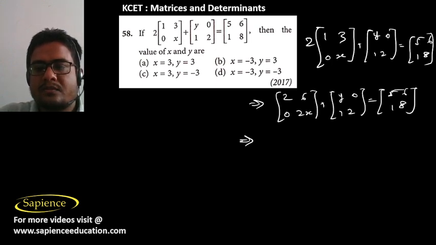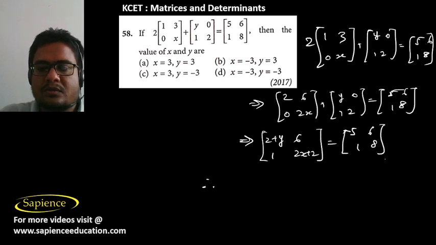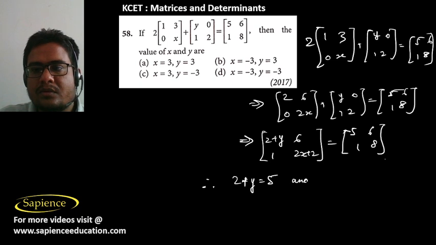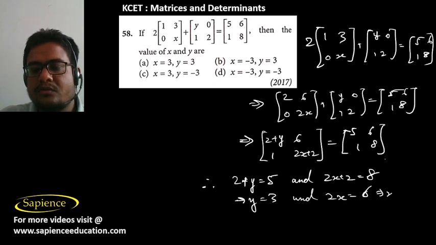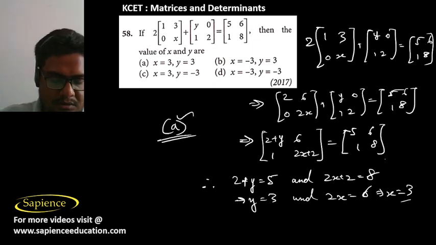Therefore 2 plus y should be equal to 5, and 2x plus 2 should be equal to 8. So y should be equal to 3 and x should be equal to 3. Option A is the correct answer.